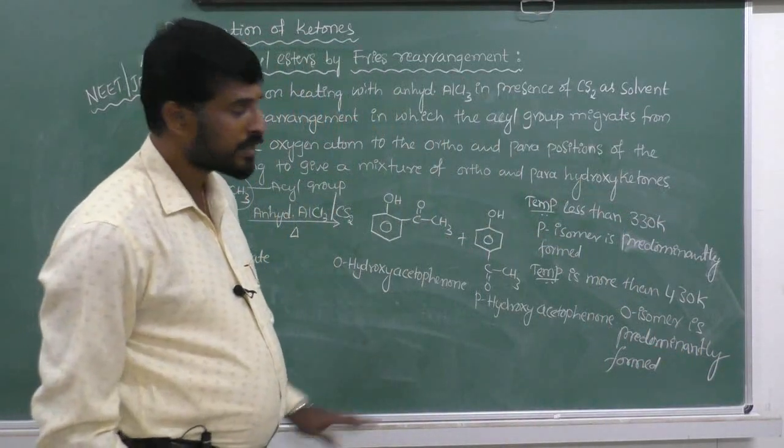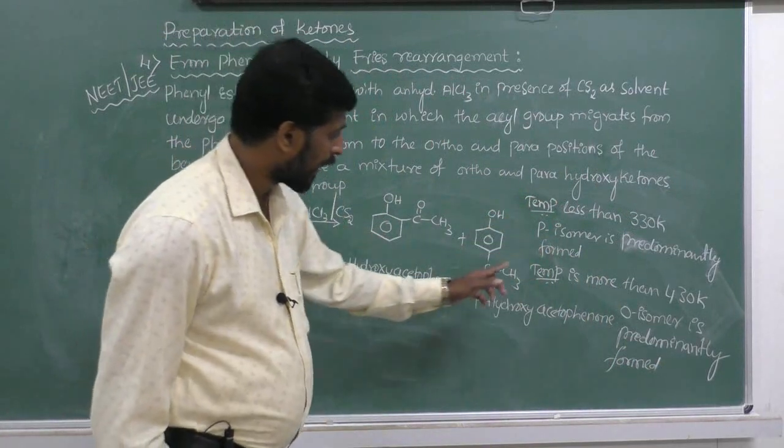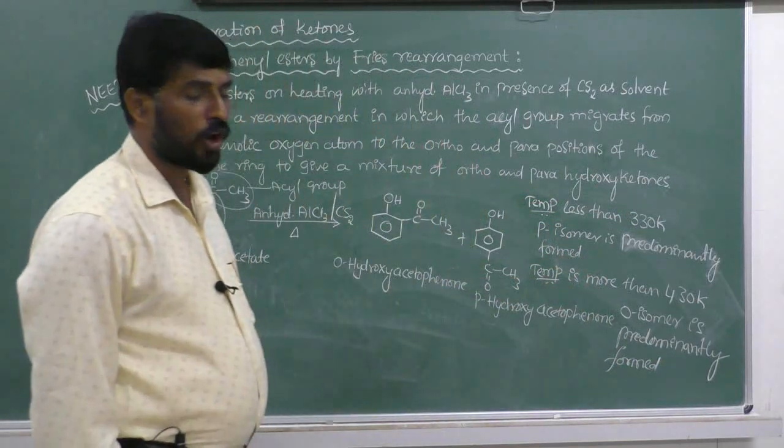That means lower temperature favors the para isomer and higher temperature favors the ortho isomer.